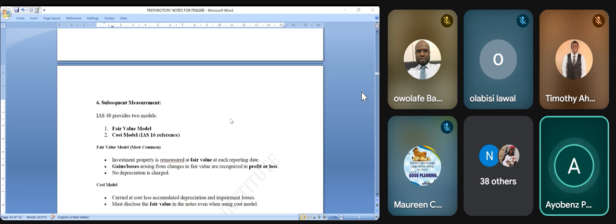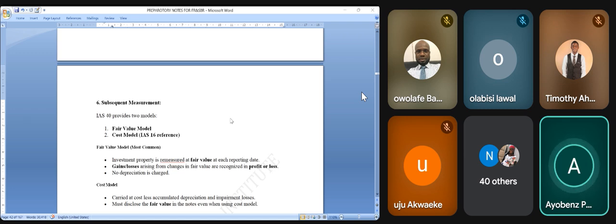The fair value model is actually what the IASB is advocating that we should use, because it is more moderate and more effective. And fair value, like I told us, is basically what we call the market value of the property. If you are to use a cost model, it means that you have to be depreciating the investment property over the useful life of the property.